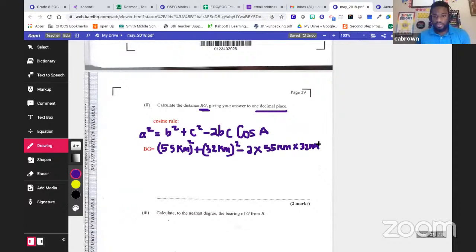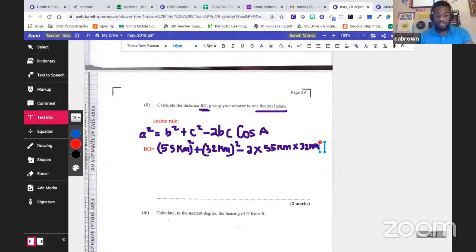I should have written it a little bit smaller because I need some space. All right, that's the best I can do for now.